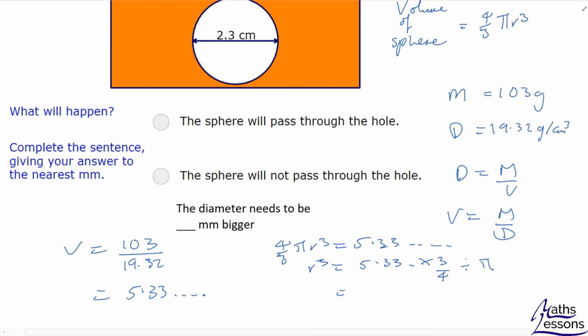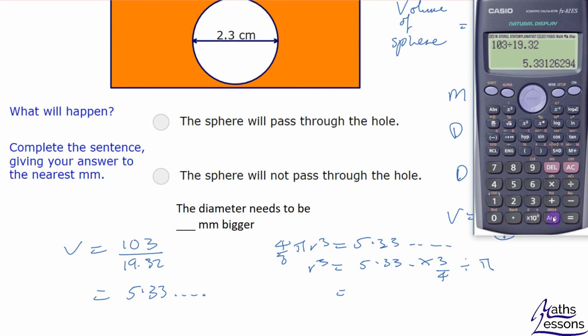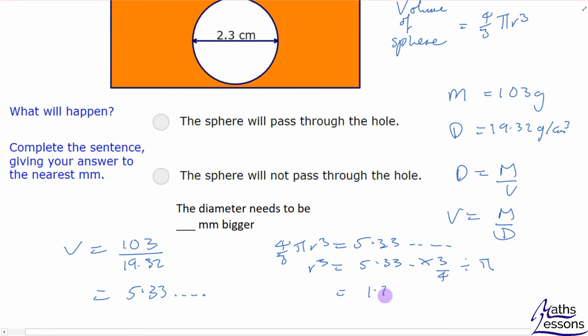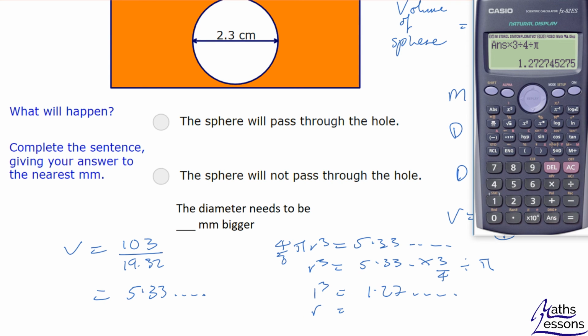So let's get r cubed. We do the answer times by 3, divide by 4, and divide by pi. And that gives us 1.272. But we want the size of r. So r is equal to the cube root of that.